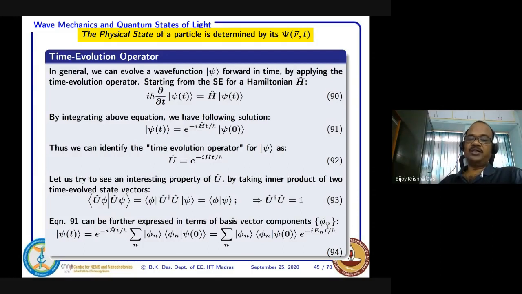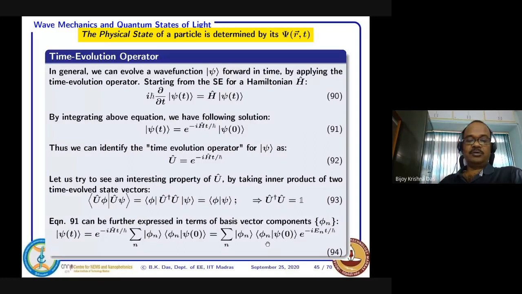Phi 1, phi 2, phi 3 are basis vectors and they are orthogonal. So psi 0 could be represented like this. That means you are finding the component of psi 0 along the basis vectors. If there is an n-dimensional basis vector space, I can write the different components and sum them up. This is a kind of vector you can write in vector space for given basis functions.